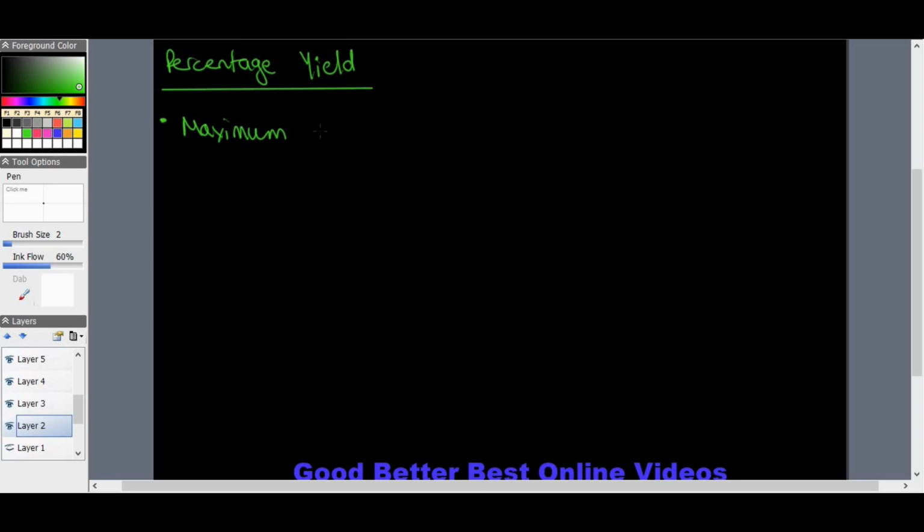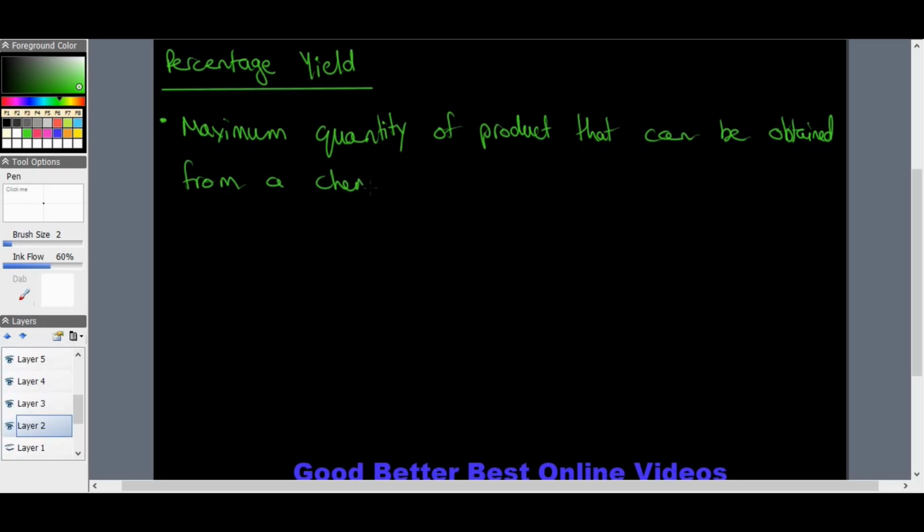The maximum quantity of product that can be obtained from a chemical reaction is called theoretical yield. The maximum quantity may not be the actual quantity that you get, but the maximum quantity is called theoretical yield.